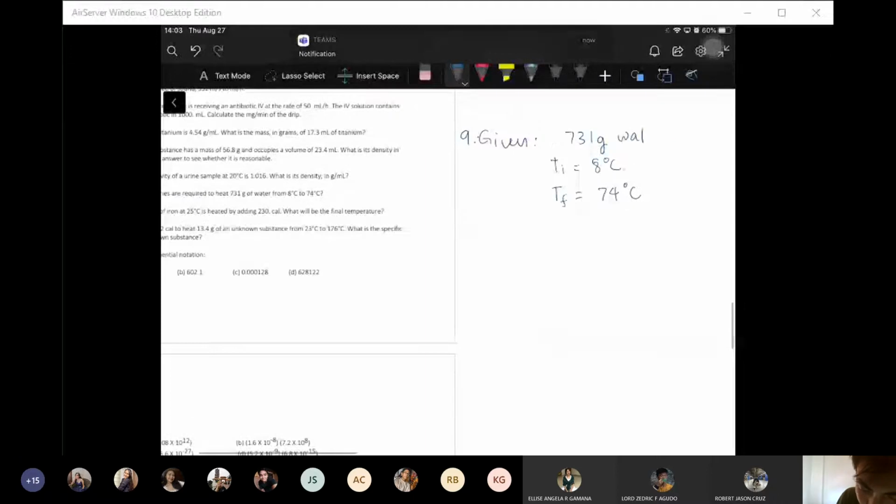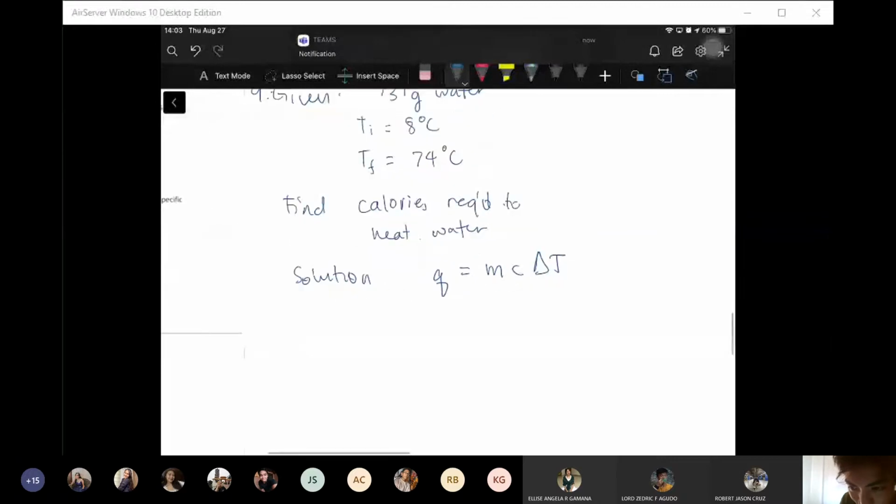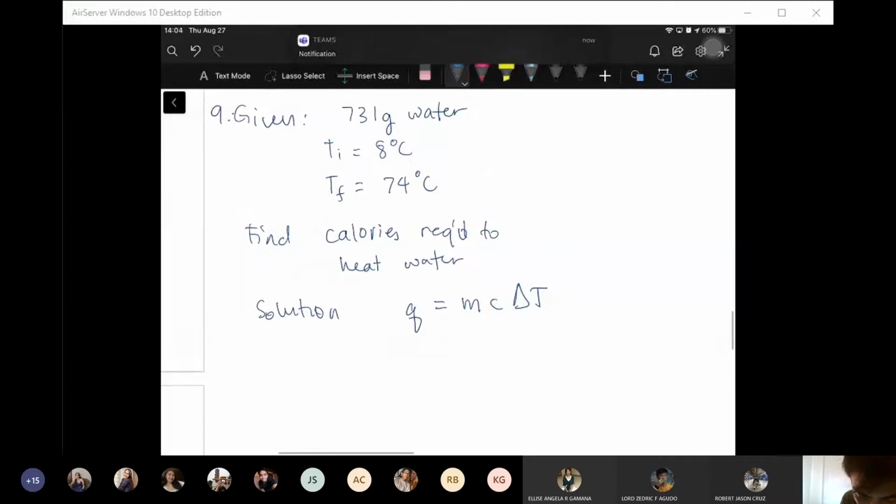Find the calories required to heat the water. Solution: Q equals mc delta T. So, Q equals the mass, 731 grams, times the specific heat. What is the specific heat of water in calories?